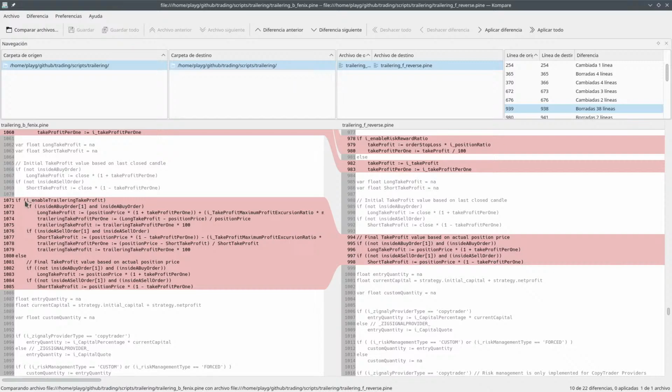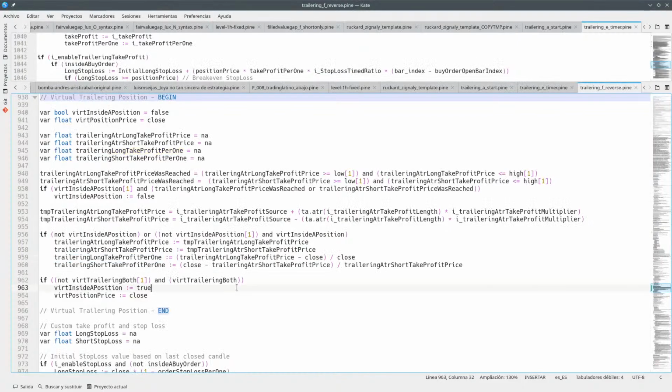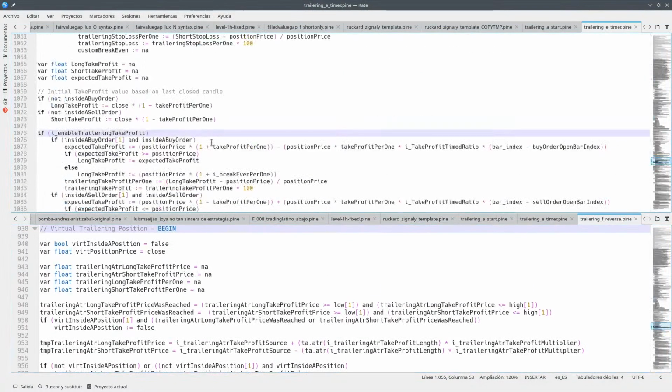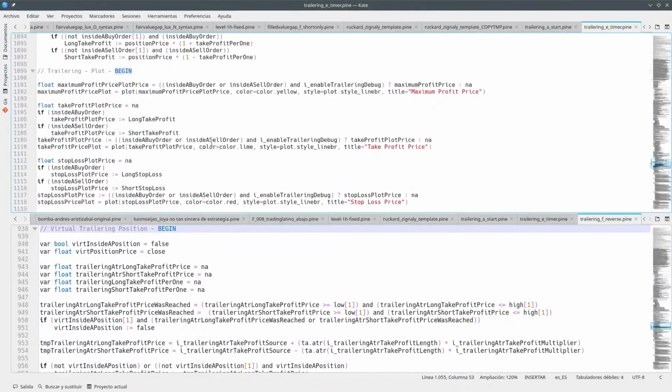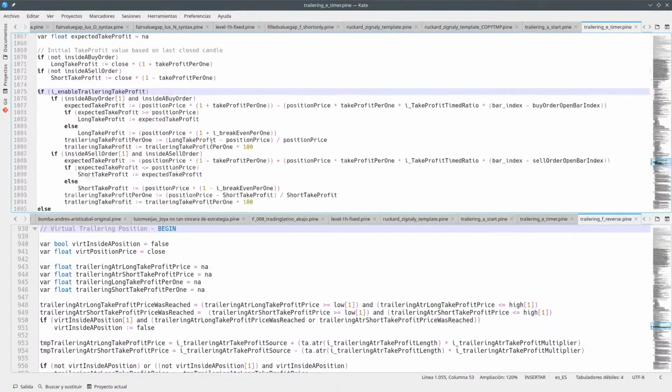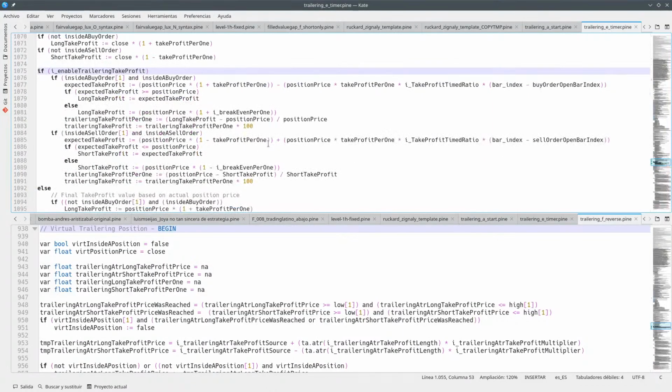Okay, let's try to add this code first, and then we will try to find out how to deal with this. So this is 1071. Okay, so is this code here? I think so.